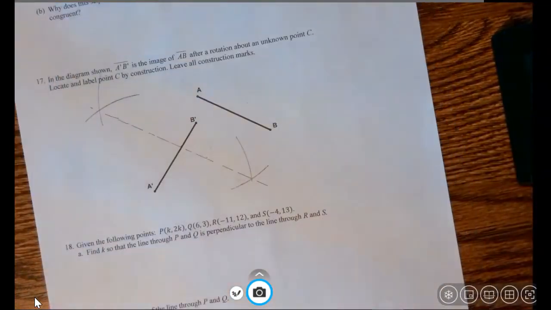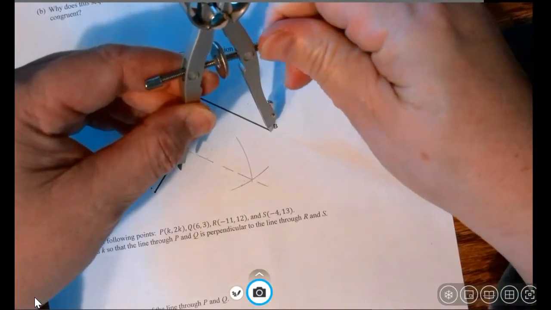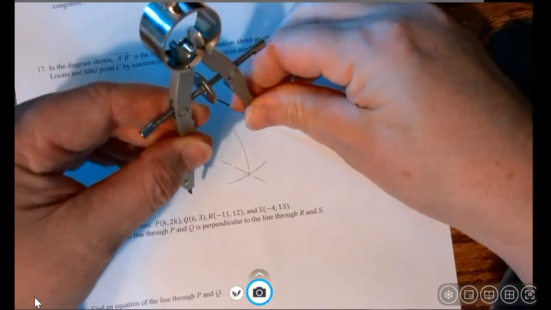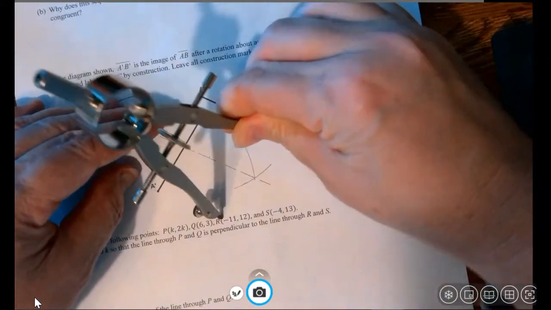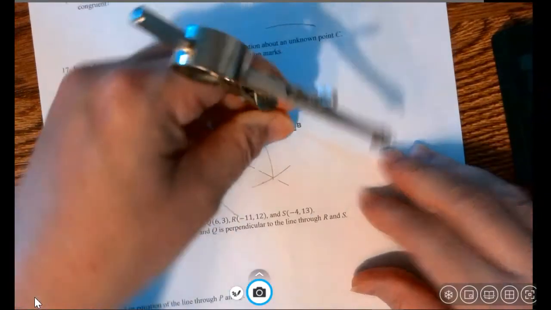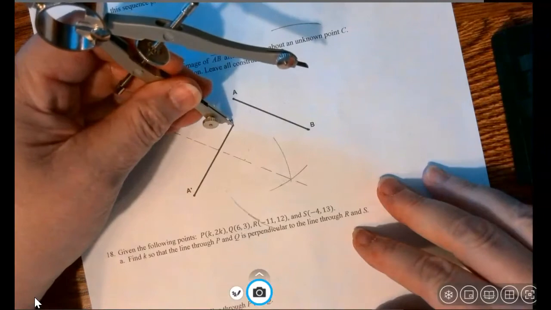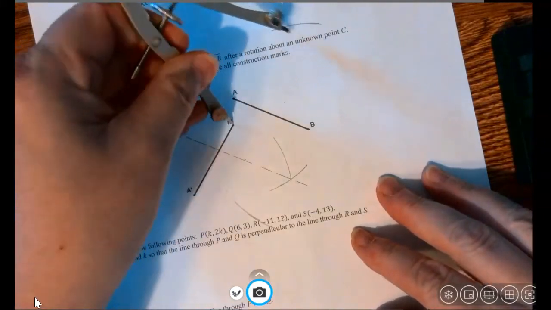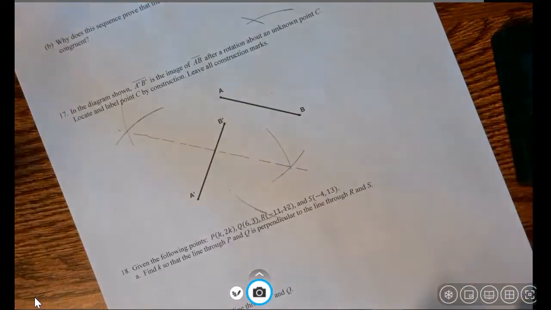And then do the same thing for B prime. And then I'm finding it really helpful to have done this on basically the slipperiest surface in my house, apparently.